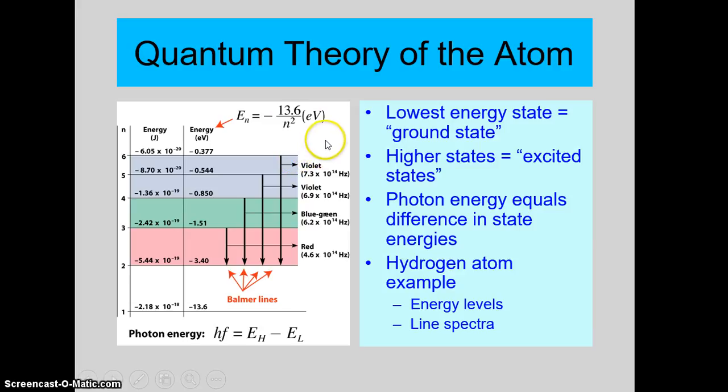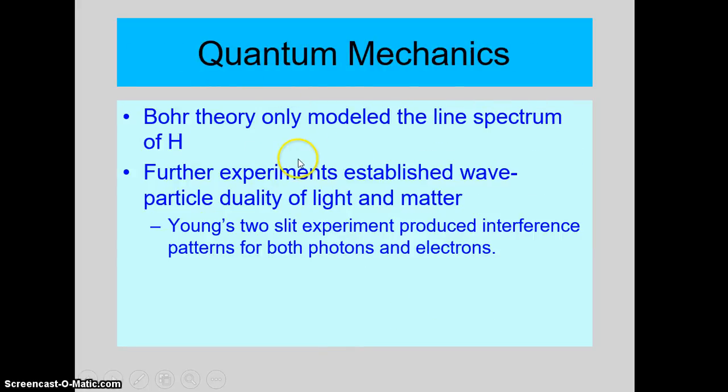It does it really well. It predicts wavelengths that are outside of the visible spectrum and everything, and we measured those, but that's it. And wouldn't it be nice to have a theory that explains the entire periodic table, not just one element?